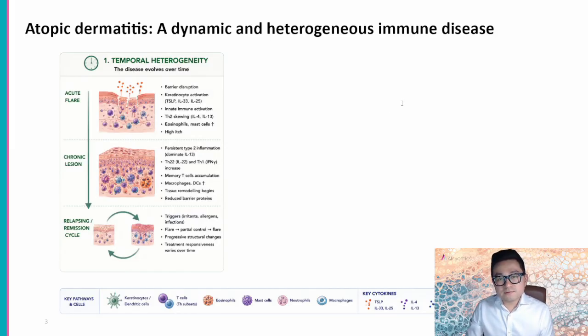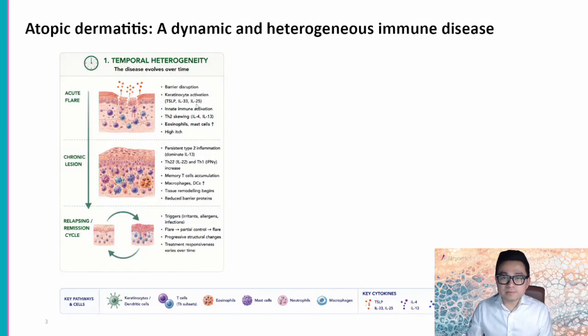Atopic dermatitis is often discussed through the lens of type 2 inflammation, and that is absolutely central to the disease. But AD is also dynamic, heterogeneous, and dependent on disease stage, patient background, and tissue context. In early disease, we often see strong epithelial alarm signaling including TSLP, IL-33, and IL-25, together with dendritic cell activation and Th2 skewing.